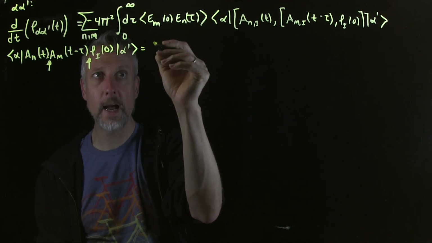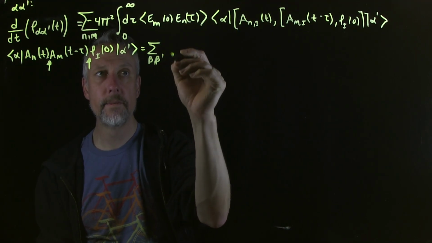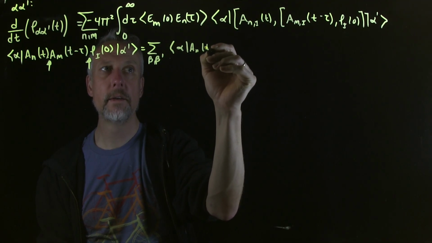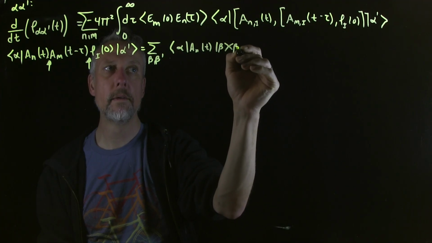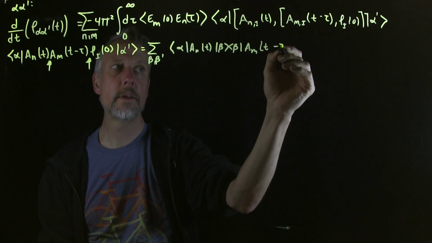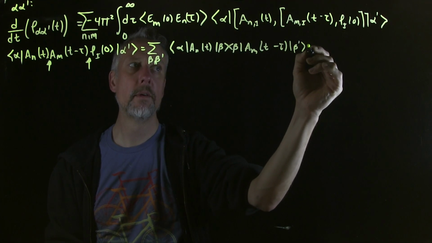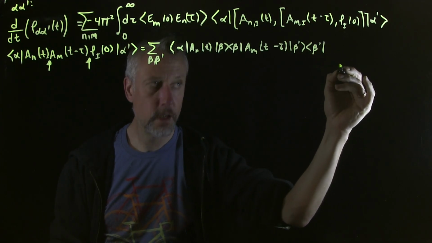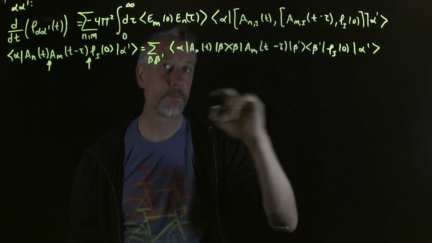So that means we're going to have a sum over beta, beta primed, alpha A_n of t, and then beta, beta, then A_m of t minus tau, and then beta primed, and then rho I, and finally alpha primed.